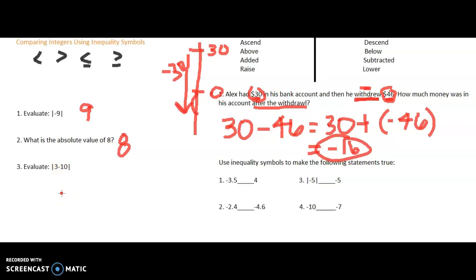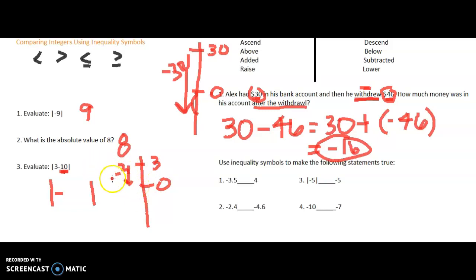So when we have 3 take away 10, obviously this take away 10 is bigger than that 3, so that tells me that's going to be a negative answer. So I'm going to go ahead and put my negative sign there. And then again, we can use our additive inverse, saying that we're starting at 3. So to get to 0, we would have to take 3 away.